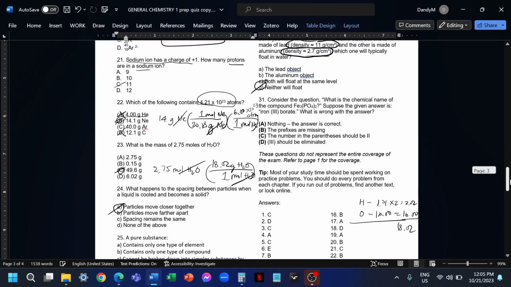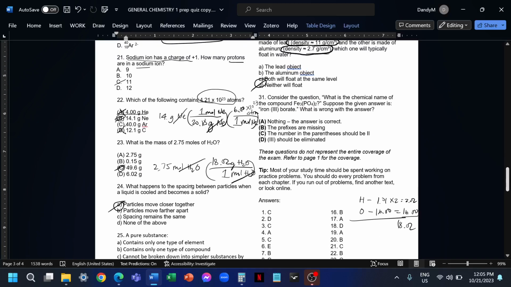Number 31. Consider the question, what is the chemical name of the compound Fe3(PO4)2? Suppose the given answer is iron 3 phosphate. What is wrong with the answer? Again, this might not be equal to this number over here because this one inside the parenthesis is the charge of the ion.